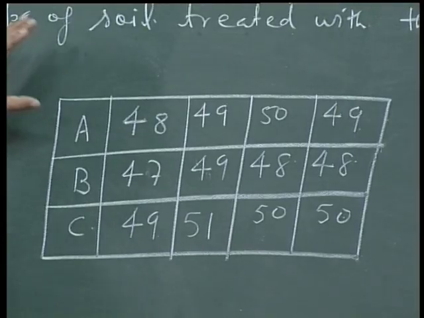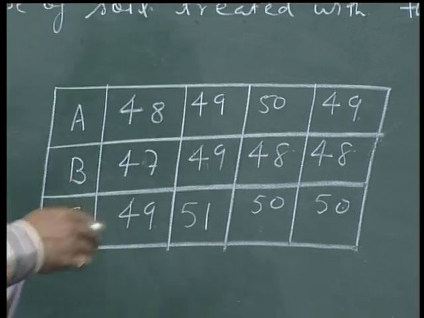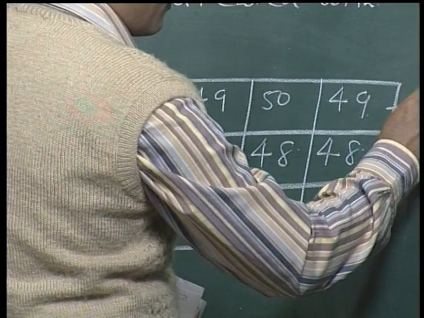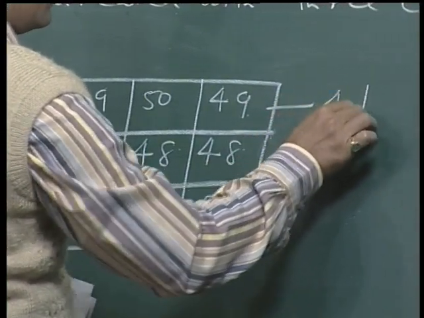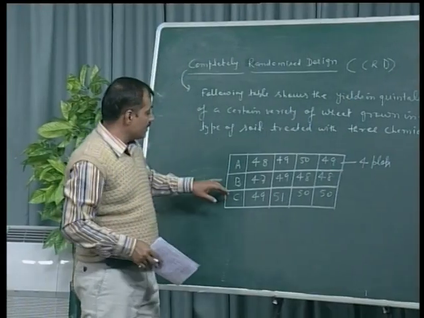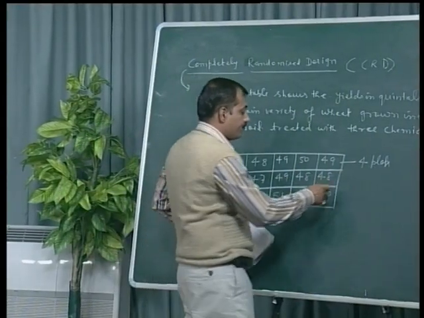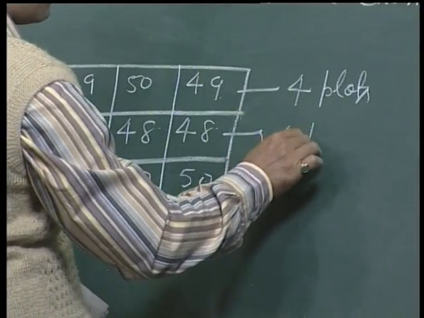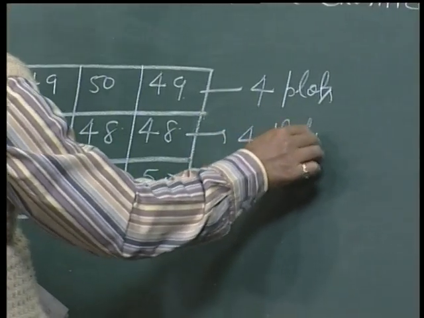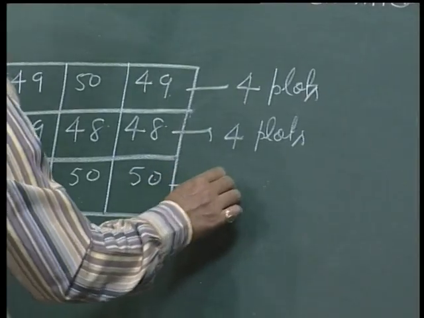Chemicals may be fertilizers. For example, there are 3 fertilizers, and we apply fertilizer A in these 4 plots, fertilizer B in another 4 plots, and the third fertilizer in another 4 plots.